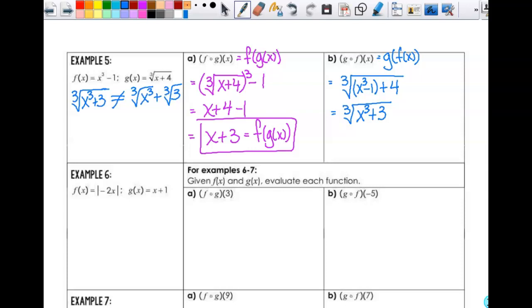If it wasn't addition, if it was multiplication, and I had the cube root of 3 times x cubed, I could simplify that and say this is the cube root of 3 times the cube root of x cubed. That's totally fine because it's multiplication. And then the cube root of x cubed is just x, so I'd have x times the cube root of 3.